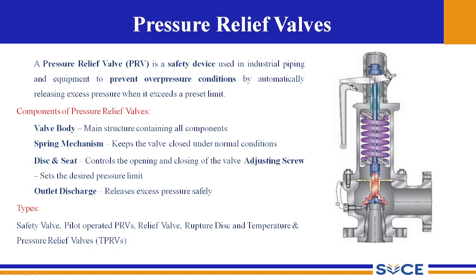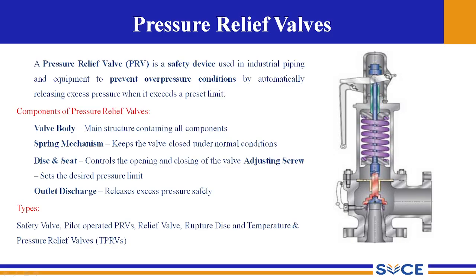The spring mechanism keeps the valve closed under normal conditions, and there is a disc and seat arrangement, given by this yellow color and this orange color. This disc and seat arrangement controls the opening and closing of the valve, and there is an adjusting screw to set the desired pressure limit.